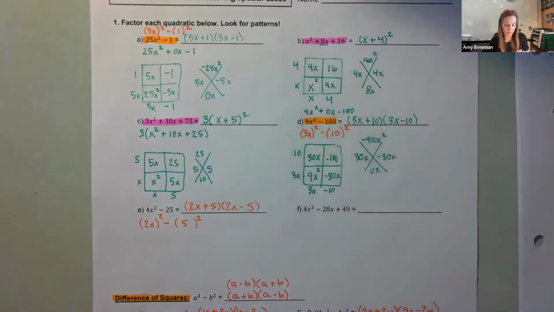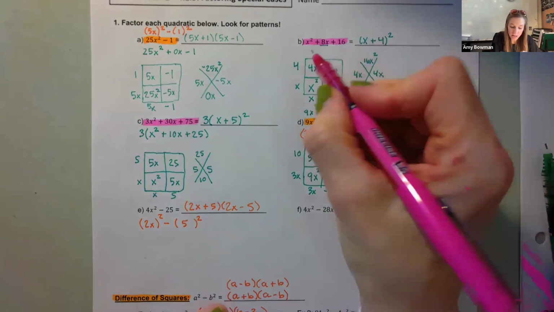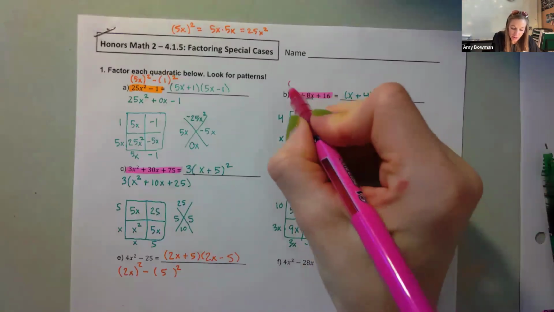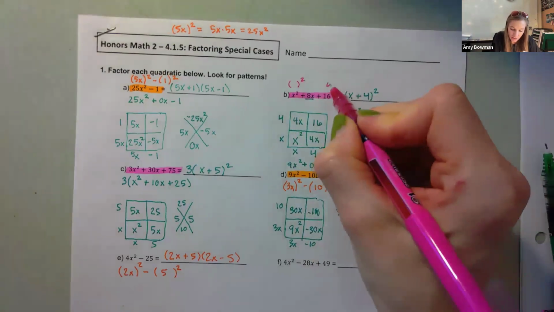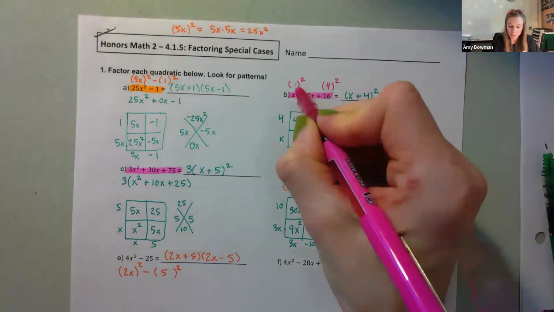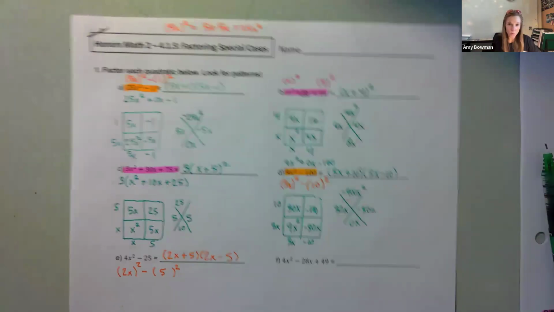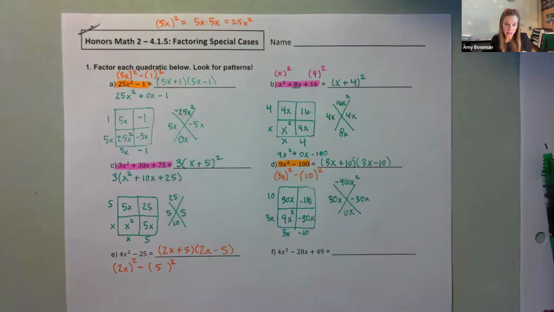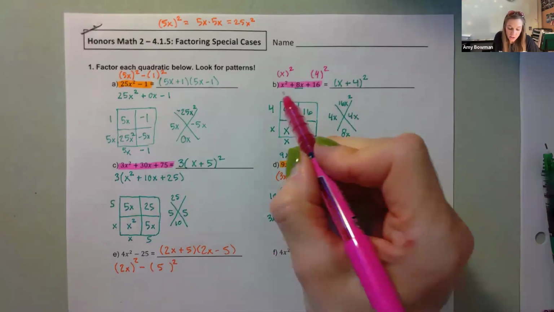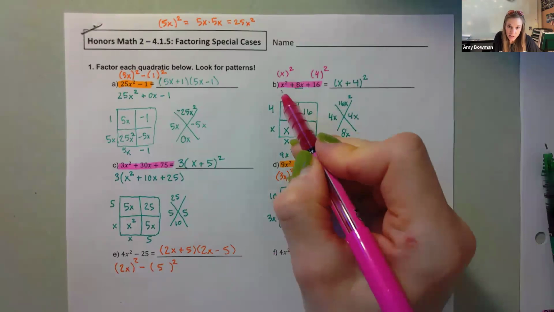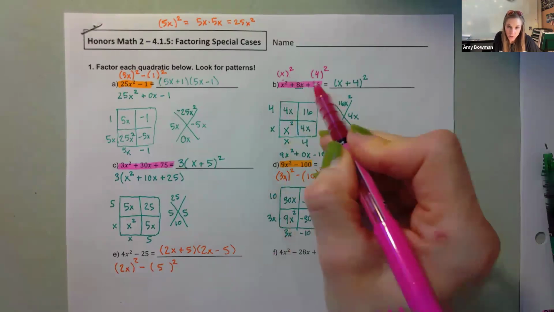To find a perfect square trinomial, you want to look at the first term and the last term. The first term of a perfect square trinomial is always going to be a perfect square, as well as the last term. That is not the only condition that has to be met. The first term has to be a perfect square: x squared is x squared, 16 is 4 squared.